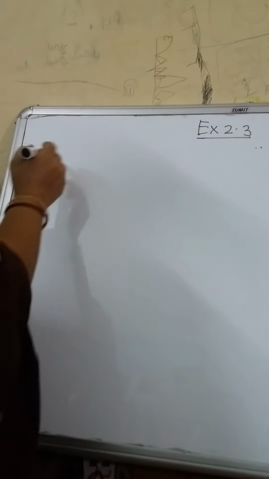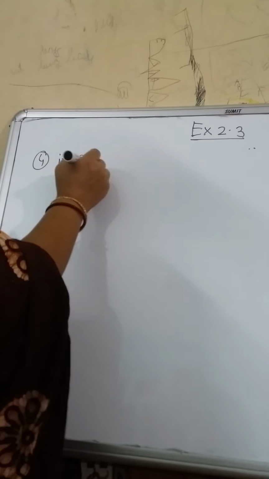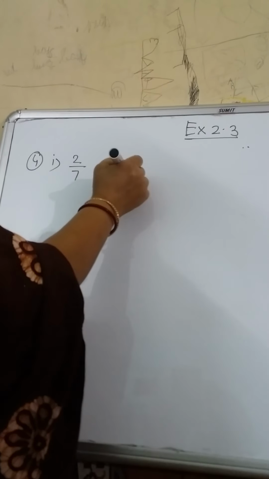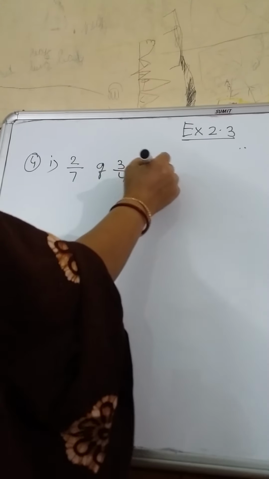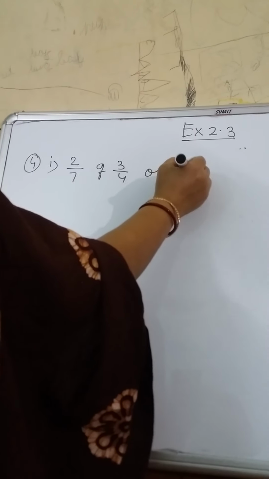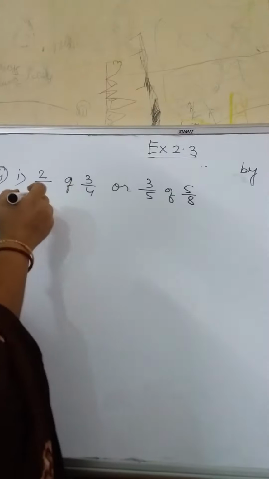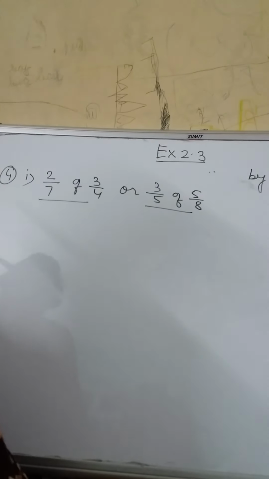But here the fractions are given in product form. That means question number 1 is 2/7 of 3/4 or 3/5 of 5/8. You have to compare these two fractions, which one is greater.